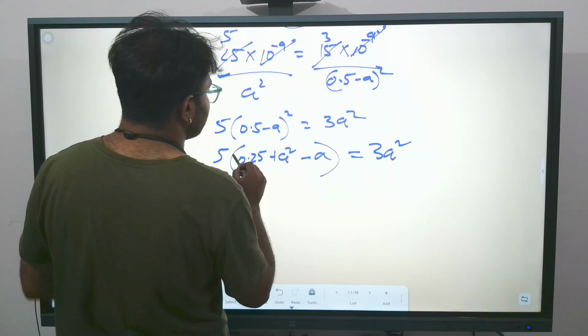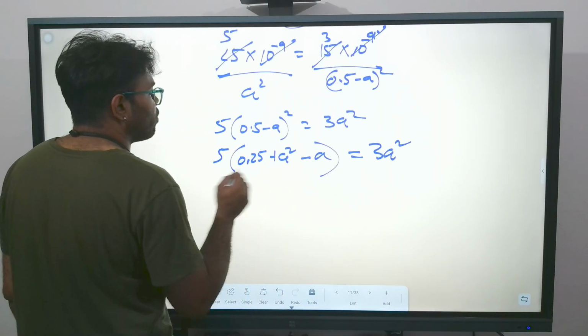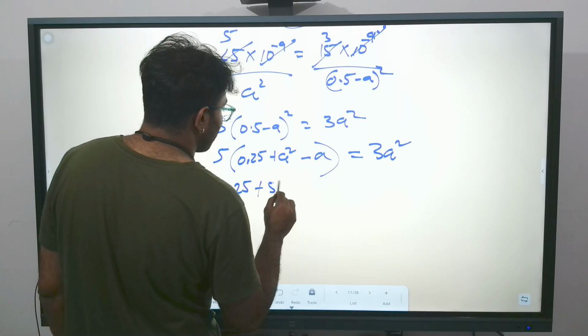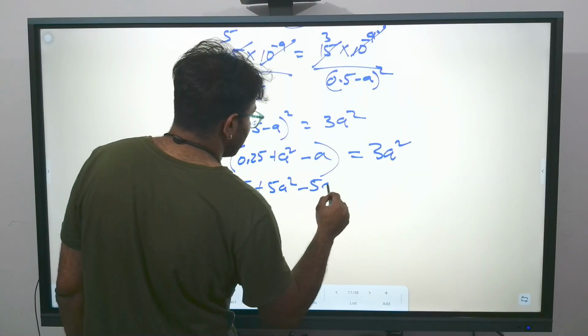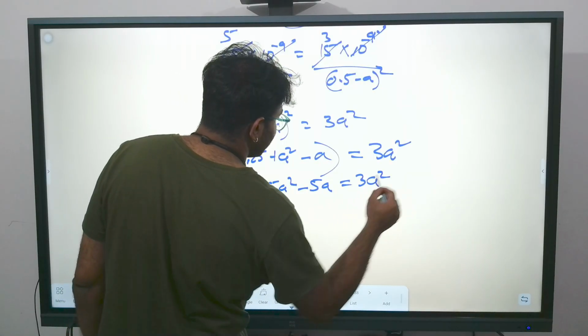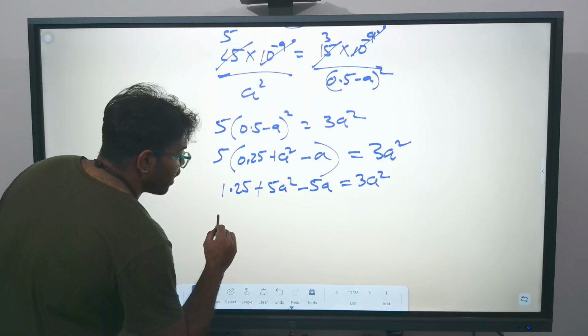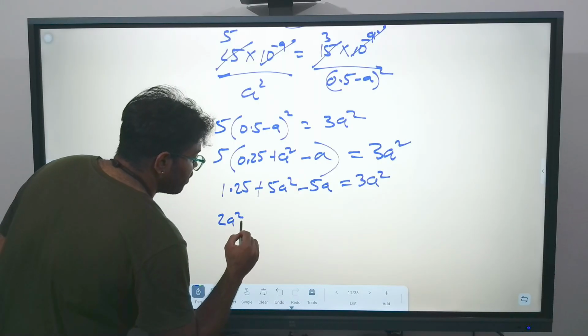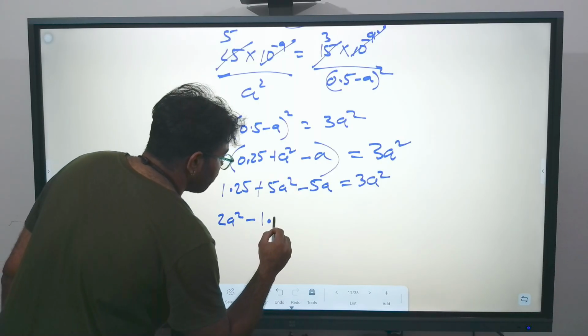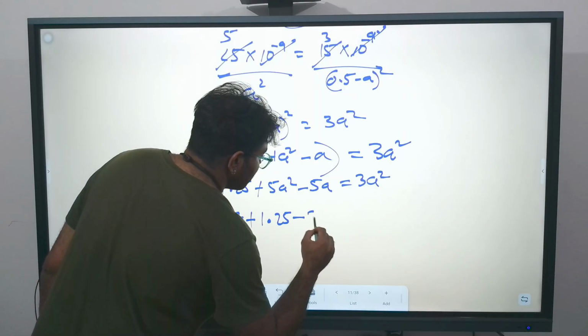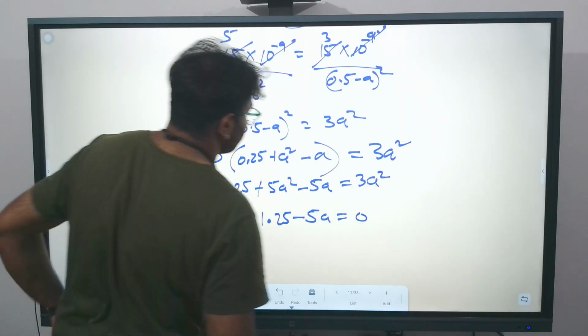Now I'm going to multiply this. 25 into 5 is 1.25, plus 5a squared minus 5a should be equal to 3a squared. You bring this here. What happens? So 5a squared minus 3a squared is 2a squared, plus 1.25 minus 5a should be equal to 0.